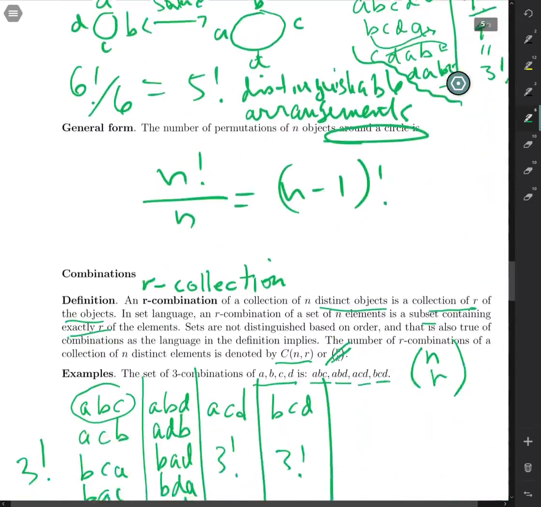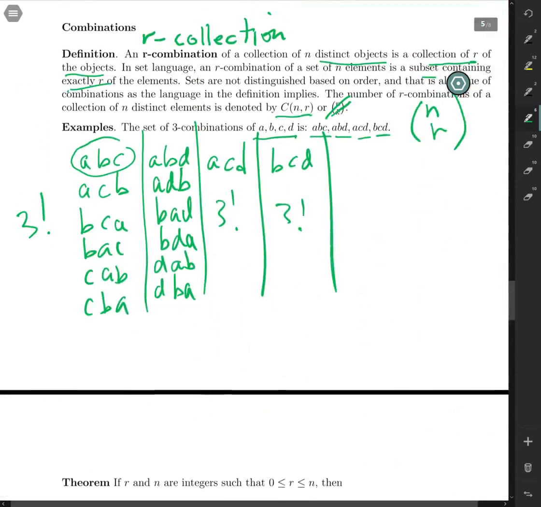And where do the 4 and the 24 relate? Well, each of the combinations can be permuted 3 factorial times, because it's a 3 combination.